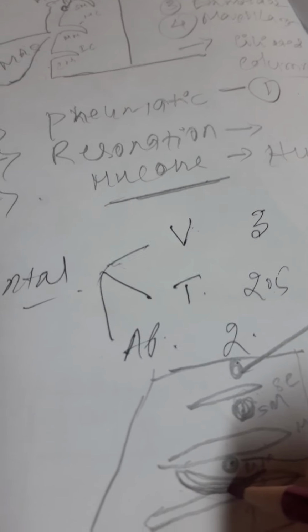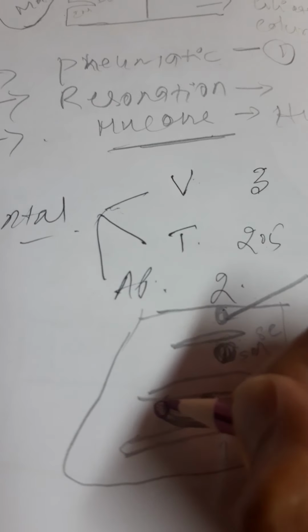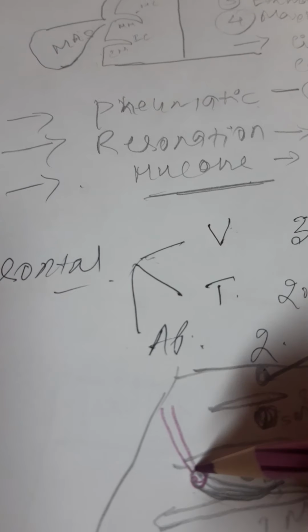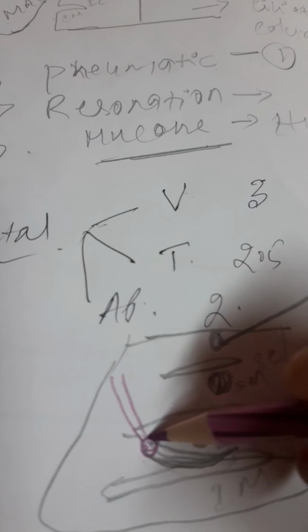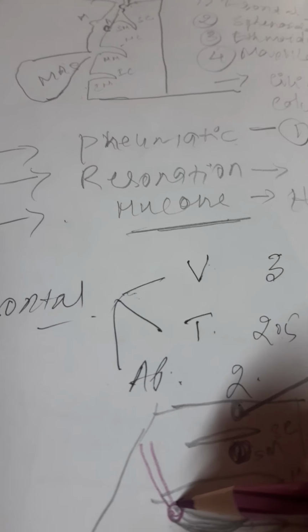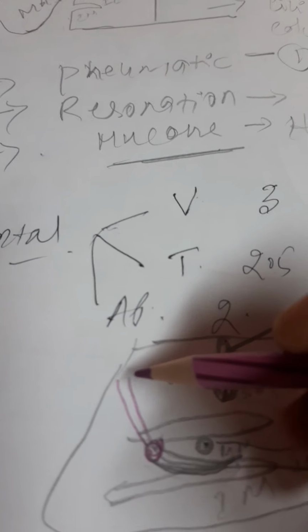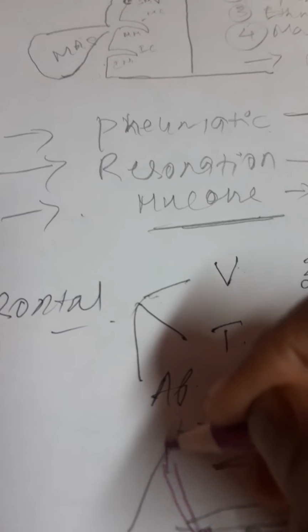This hiatus semilunaris was receiving the opening of the frontal air sinus through an infundibulum. It's a narrow channel what you are seeing here. So to this, the anterior ethmoidal sinus plus the frontal air sinus, both of them will be opening here. So I can just show this.